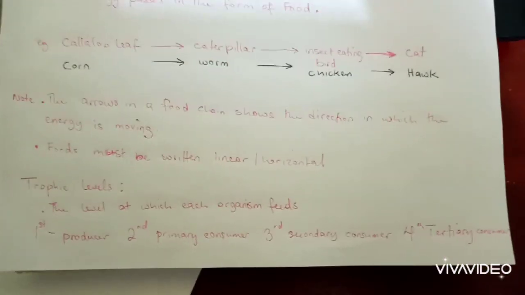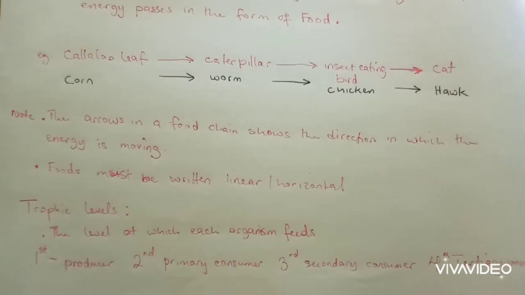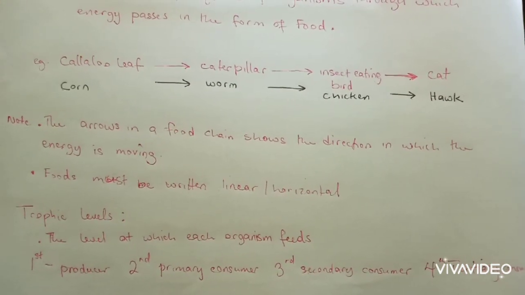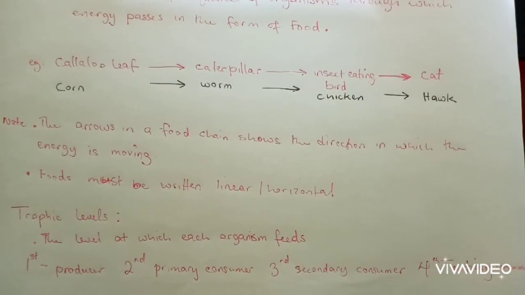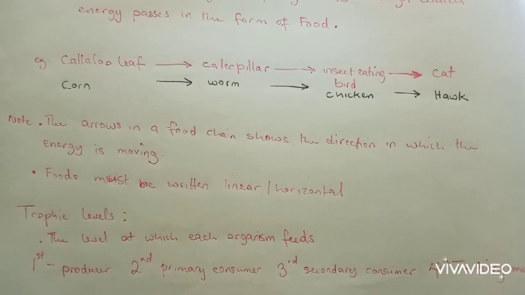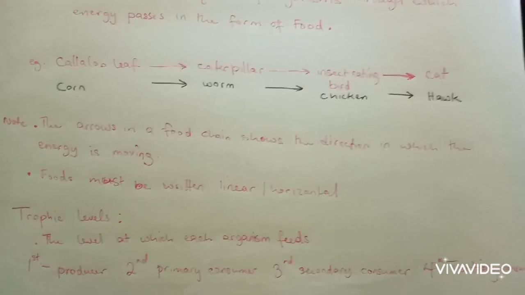Alright. Note also another term at the bottom of the page: trophic levels. Trophic levels is basically the level at which each organism feeds. So you have the first, second, third, and fourth trophic levels.